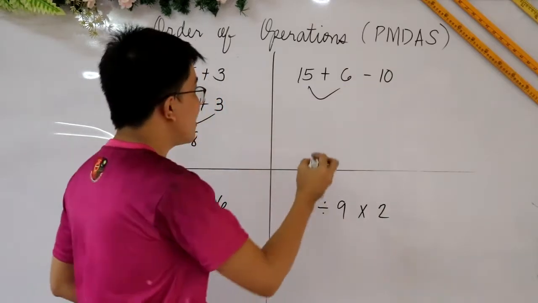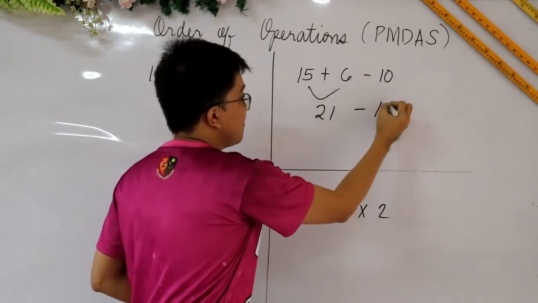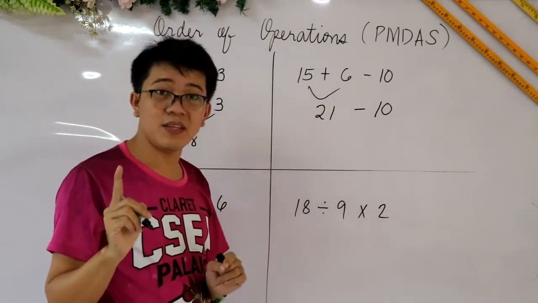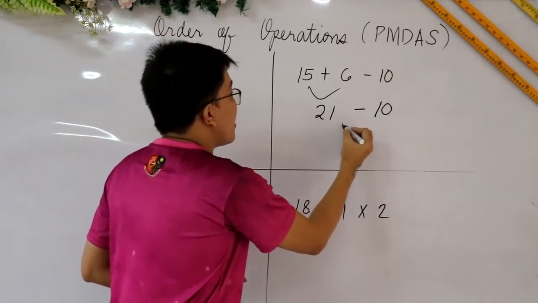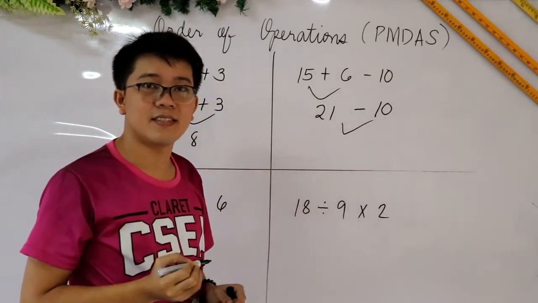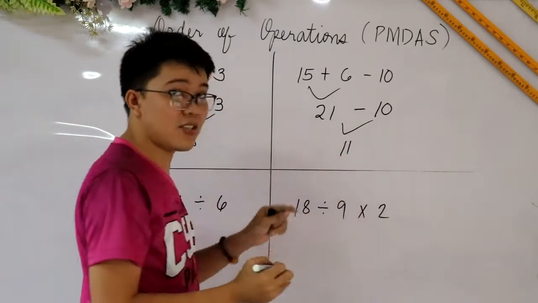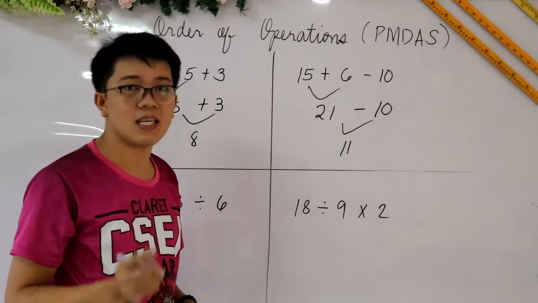Definitely it's 21. Bring down 10. Now remember, do not forget to bring down the remaining digits or the remaining symbols. What is 21 minus 10? Correct, it's 11. So we say that 15 plus 6 minus 10 is 11.